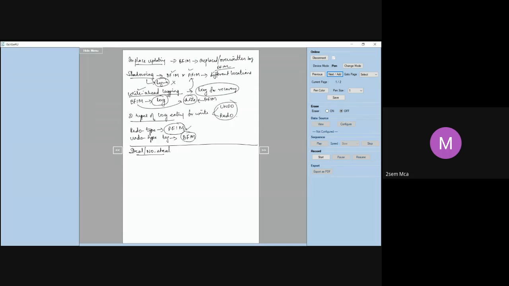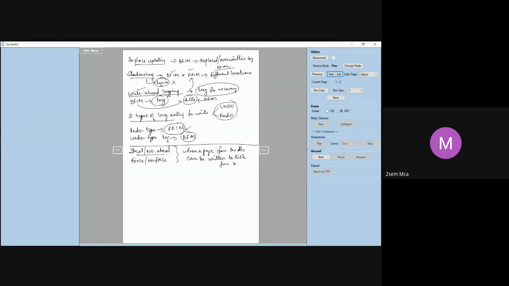Now we have these terms called steal, no steal. We have one more pair of terms called force and no force. These terms specify when a particular page from the database can be written to the disk from the cache.